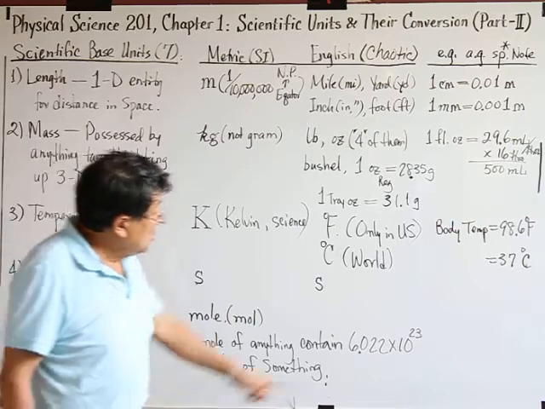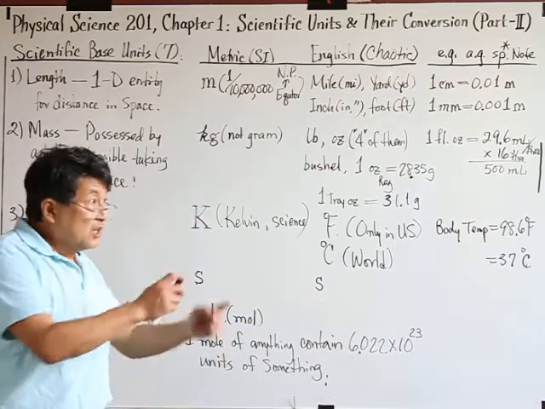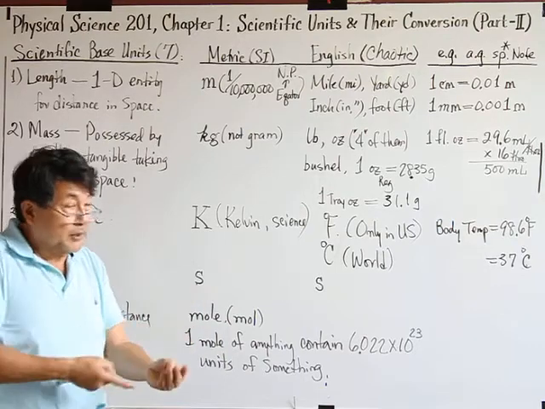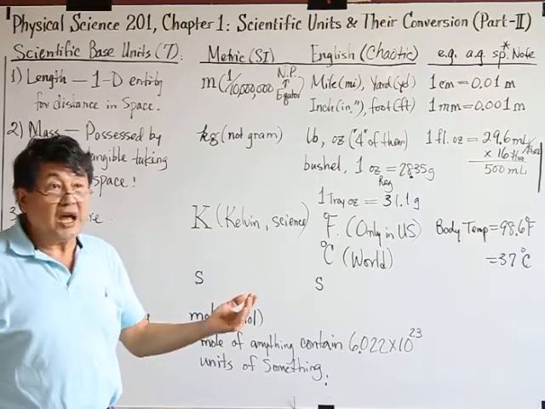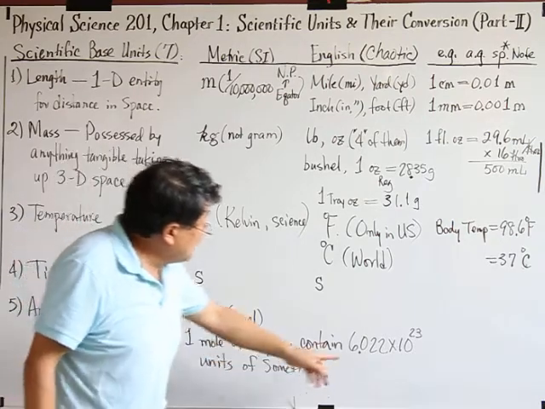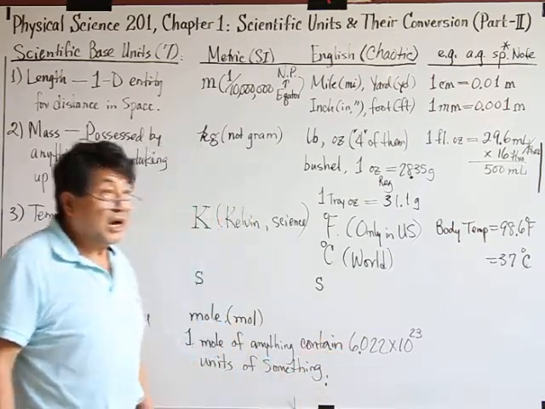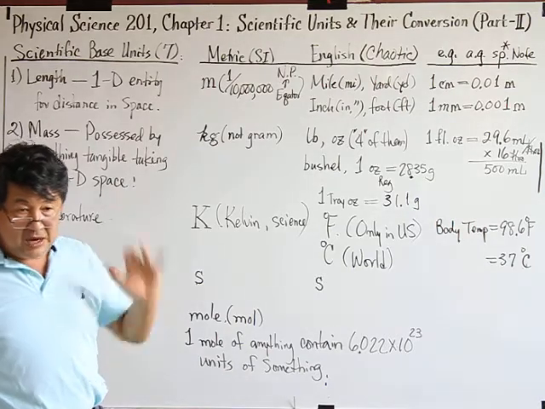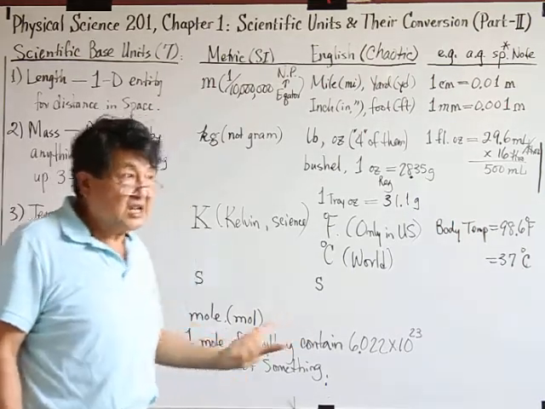Everybody should know 10 to the 23 means what? 10 times 10 times 10, multiplied by itself 23 times, right? So you're going to have 23 zeros after the decimal point. How many zeros will be 1 million? 6 zeros, right? And how many zeros will be 1 billion? 9 zeros.